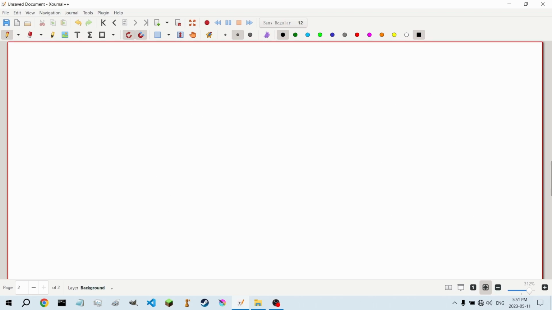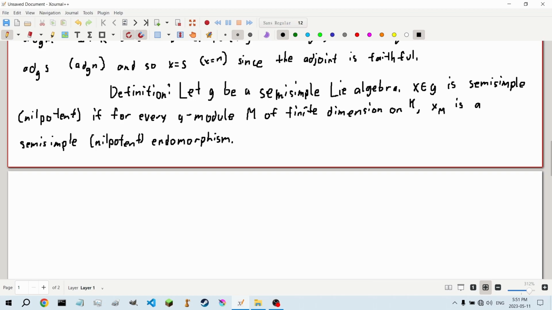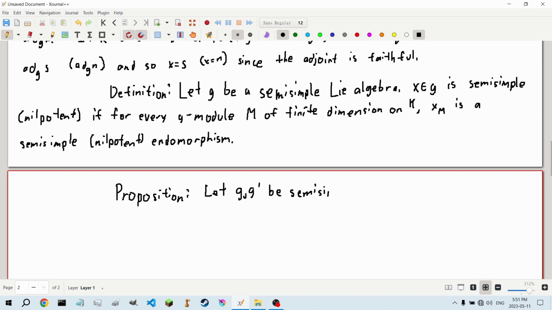All right, we have another proposition here. We're going to take two semisimple Lie algebras, G and G prime, and F a homomorphism of G into G prime.